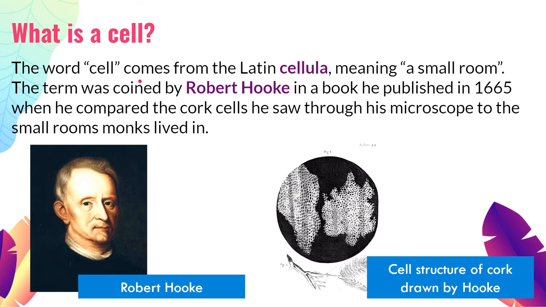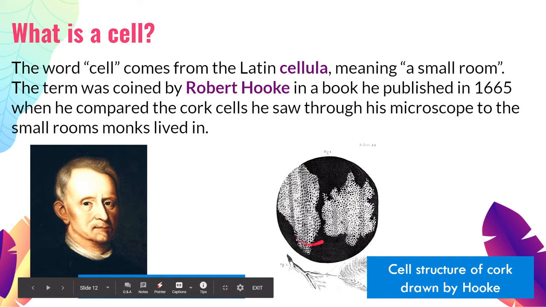So the word cell comes from the Latin term cellula, meaning a small room. This was coined by Robert Hooke. The term cellula was eventually reduced to cell, so that's the origin of the word cell. When Robert Hooke published his work in 1665, while playing around with his microscope, he was able to see cork cells.